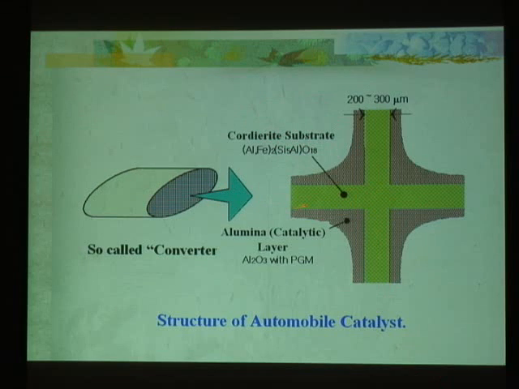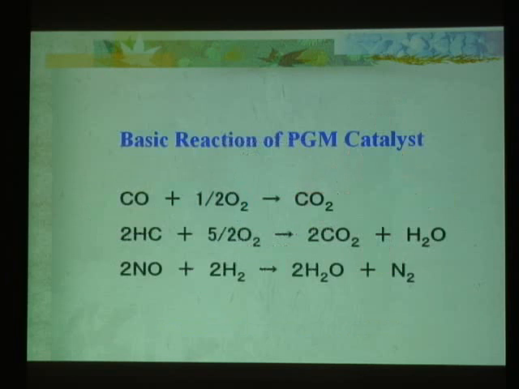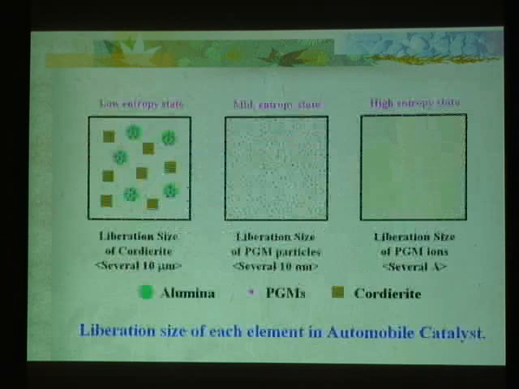Cordierite exists like this in the form of a lattice. Then the alumina layer involving PGM is coated on it. This is the structure of the converter. Please. Next one. And next one, please.